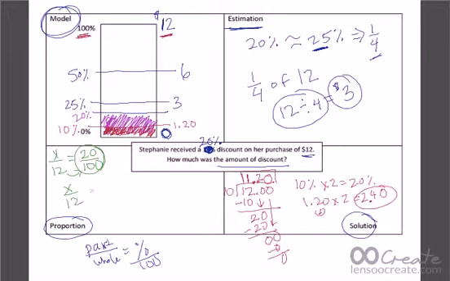X over 12 equals 1/5. Okay, and the way I got that was I divided both the top and the bottom by 20. 20 divided by 20 is 1. 100 divided by 20 is 5. So now I have X over 12 equals 1/5.